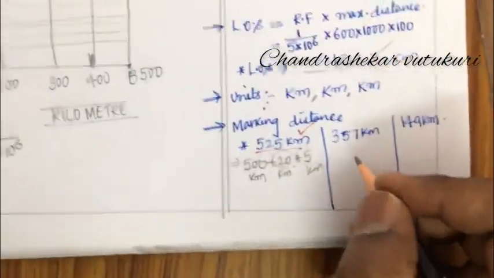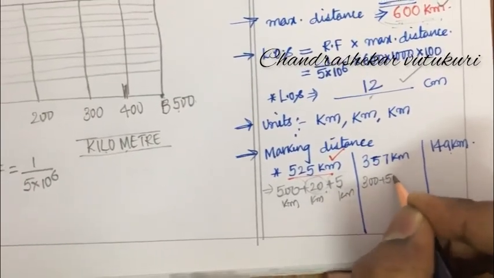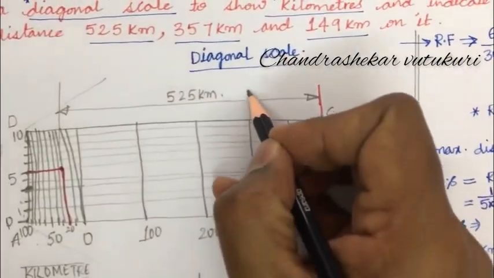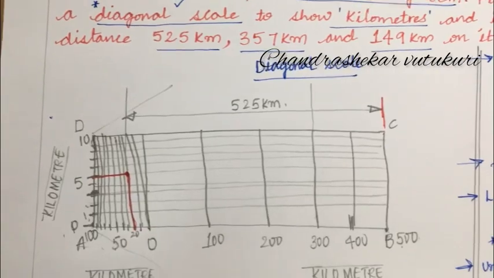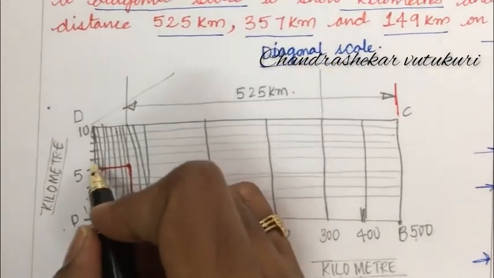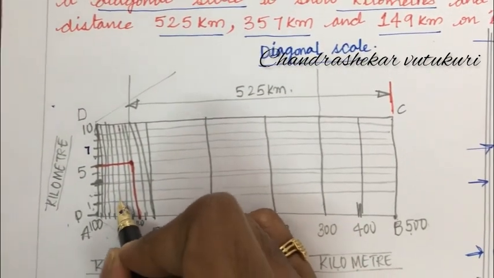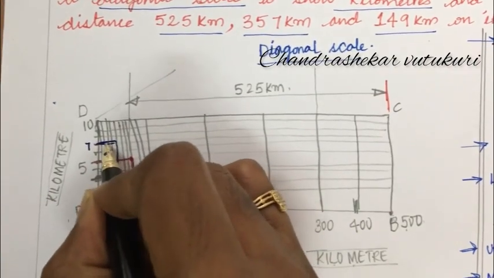Later, the next is 357. So, 357 can be written as 350 plus 7. I mean 300 from the main unit division. Later 57: 50 is along this, 50 is here on the secondary, and 7, this is 6 and this is 7. So, for 357, draw a line along this and drop a line to 7.